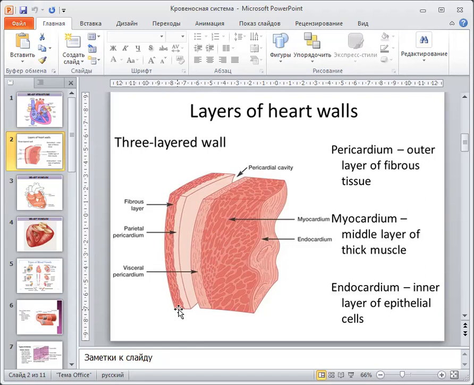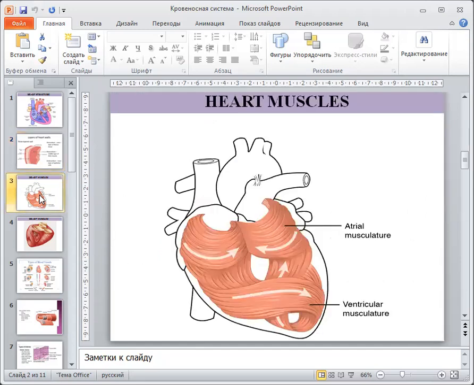The myocardium, there are 2 parts of heart musculature. Atrial musculature and the ventricle musculature. Atrial musculature consists of 2 layers. The superficial layer is circular fibers.